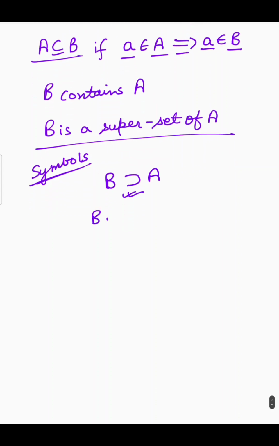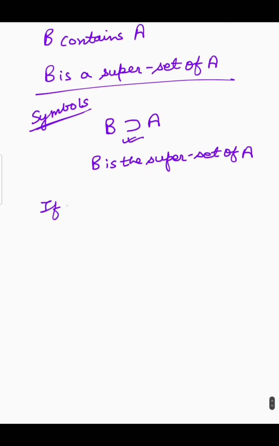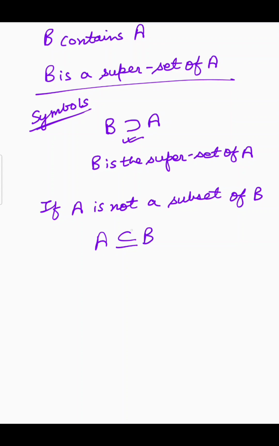It means B is the superset of A. Okay. If A is not a subset of B, then we will write A is not a subset of B. Okay, cross over the subset symbol.